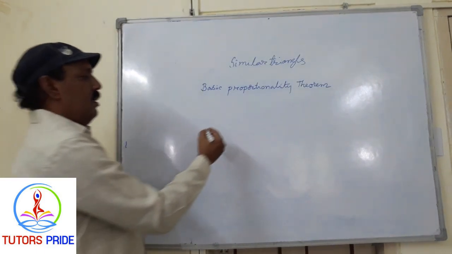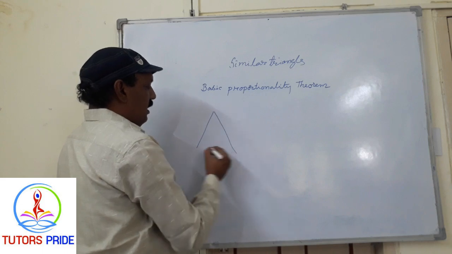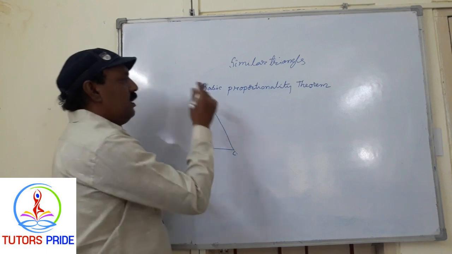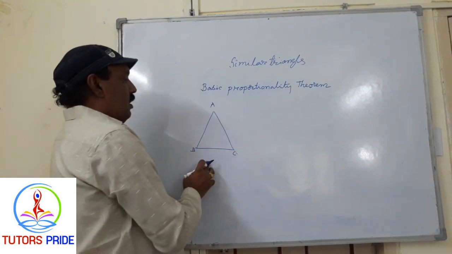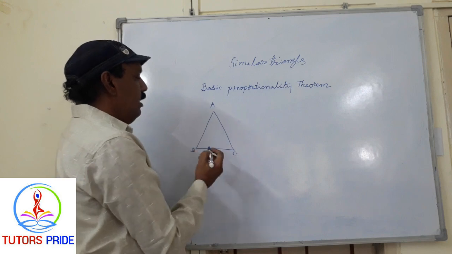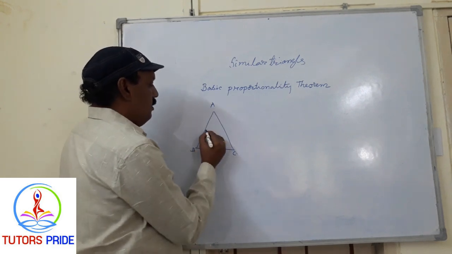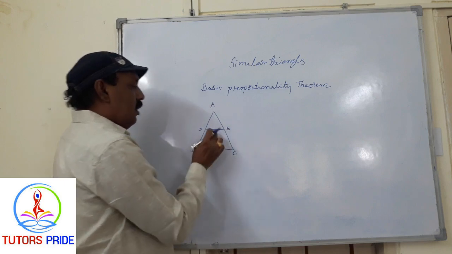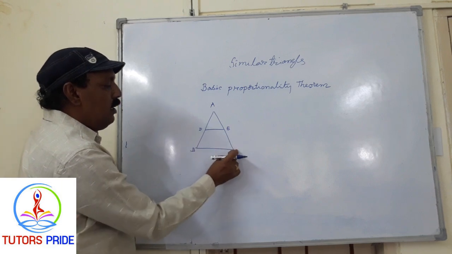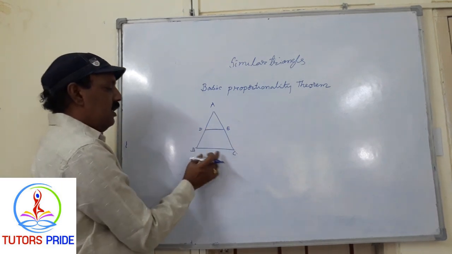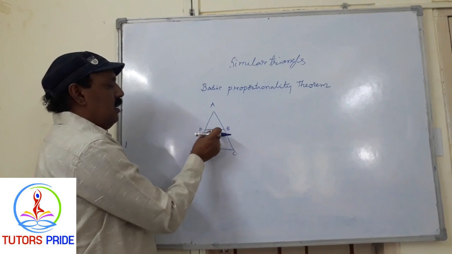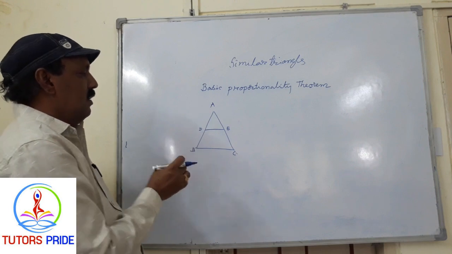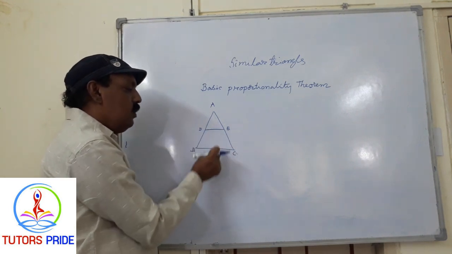In this case, I am giving one clear picture here. One triangle ABC. What is the main concept in this theorem? One line in the triangle is parallel to one side. See, this is the line DE. The line DE is parallel to one side of the triangle, that is BC.